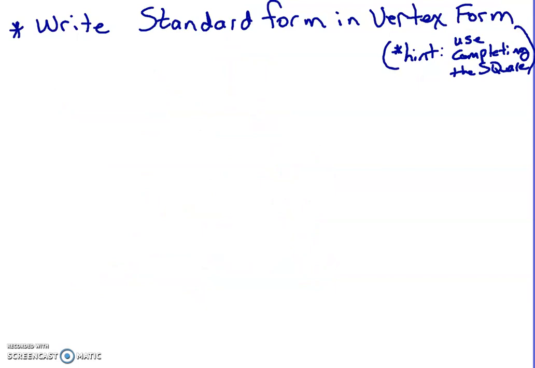And now let's look at how to write standard form in vertex form. So here, if I gave you this problem, and notice it's in standard form, I'm going to write it in vertex form. And I'm giving you a strong hint right here, which is to use completing the square. So if I was using completing the square, here's what you need to do.